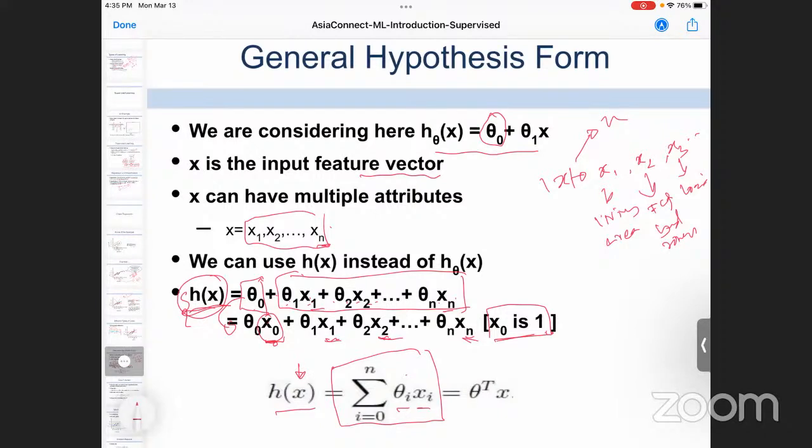And I think you know the linear algebra, right? So you can write it in vector form. This is theta transpose x. Because when you want to multiply this, one has to be a column vector and the other a row vector. This is theta 0, theta 1, theta 2, theta n, and this should be x0, x1, xn. So when you multiply this, you can write it like this.